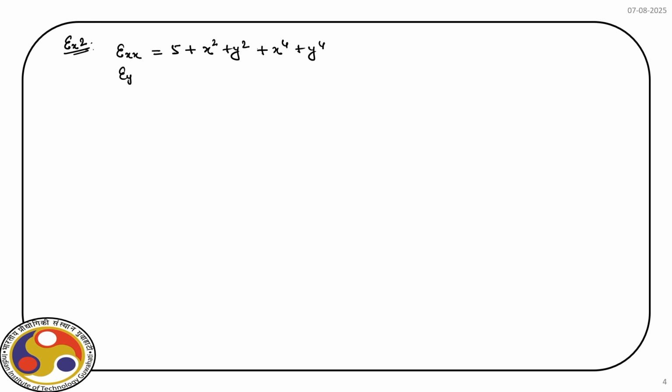Then epsilon yy is equal to 6 plus 3x square plus 3y square plus x to the power 4 plus y to the power 4.